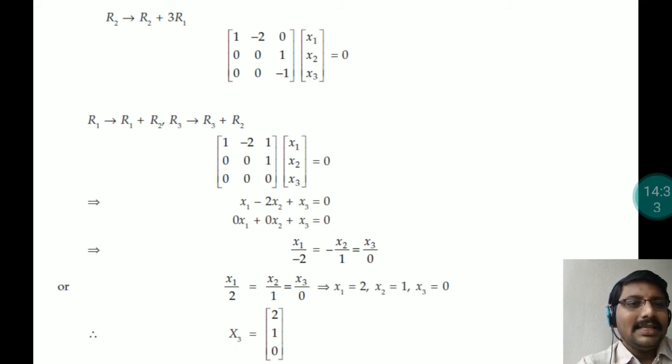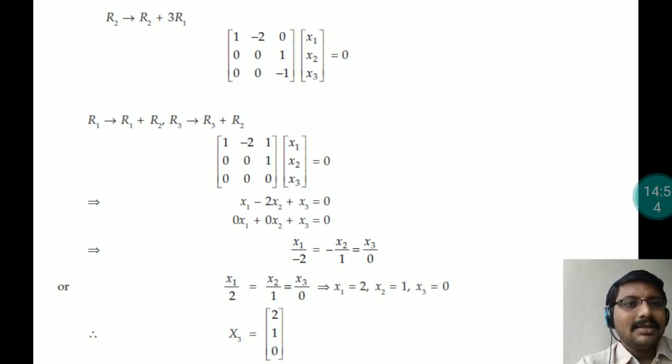Now equating these equations to a constant k, or directly we can write the values of the unknowns x1, x2, x3: x1 is 2, x2 is 1 and x3 is 0. Thus we get the last eigenvector, that is x3. x3 is the matrix of 2, 1, 0.